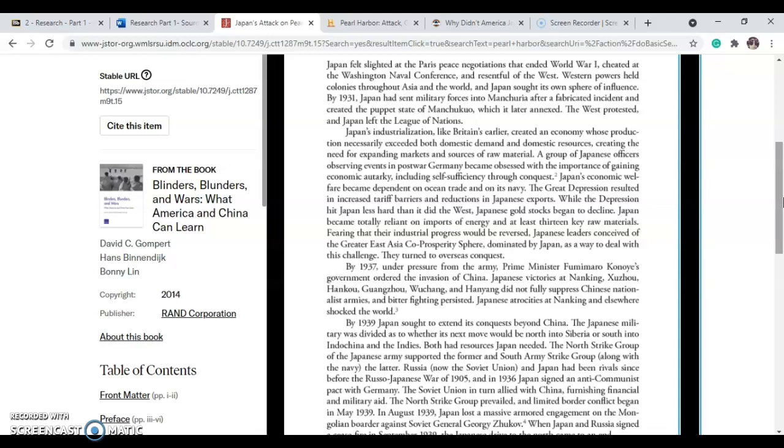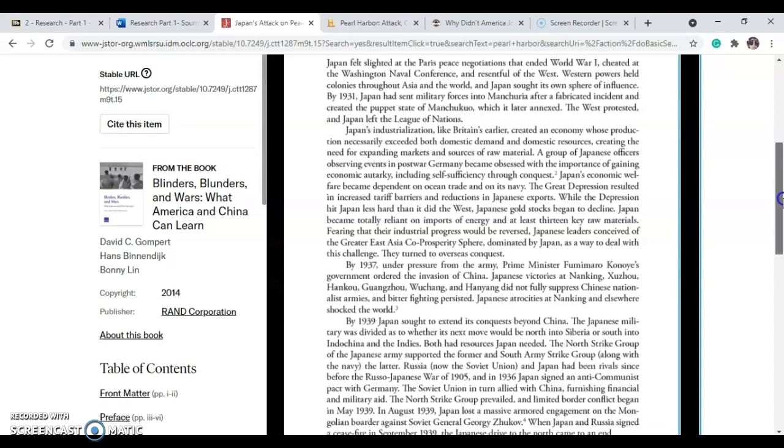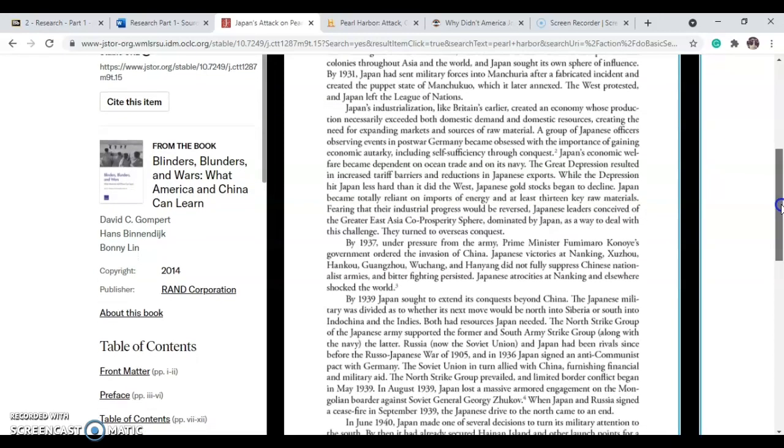And the United States answered to that by deploying its Pacific Fleet from Hawaii to stop Japan from expanding and getting stronger. So that made Japan pretty mad.